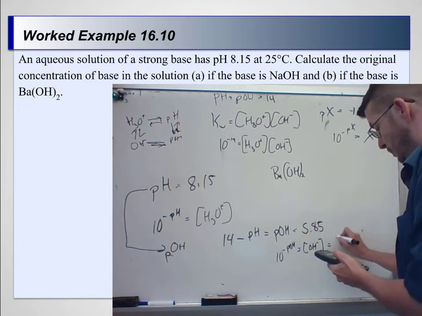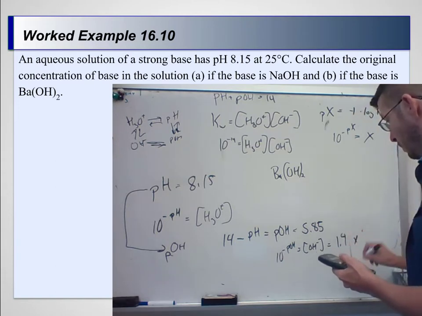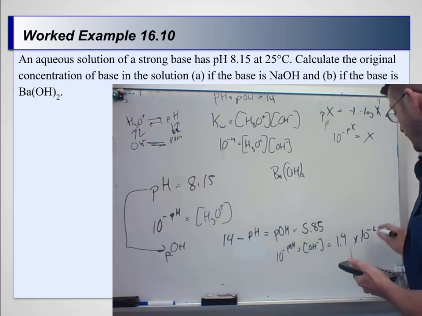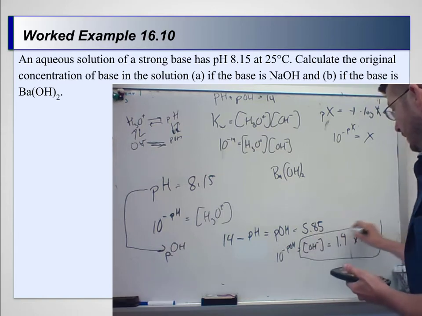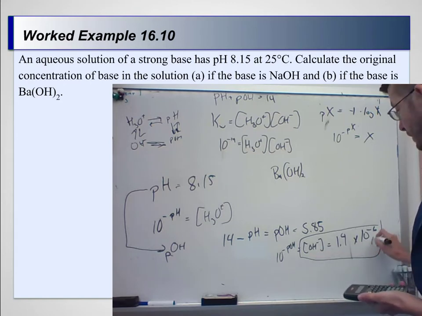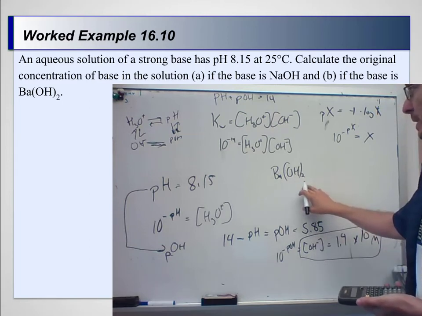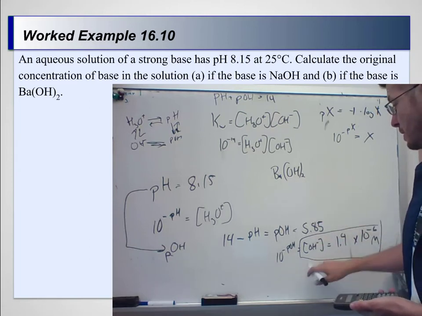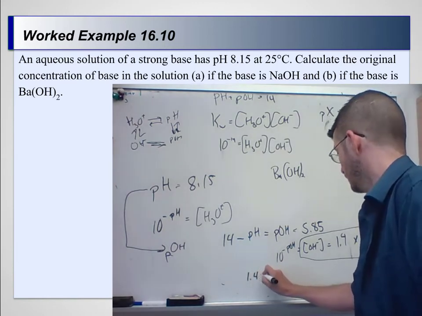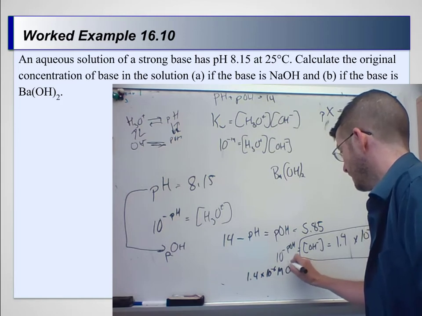10 to the negative pOH will equal OH-. This becomes equal to 1.4 times 10 to the minus 6th, which will be a hydroxide ion concentration in molarity. So how would we make a barium hydroxide solution with that concentration? Again, we know that it's 1.4 times 10 to the minus 6 molar hydroxide.